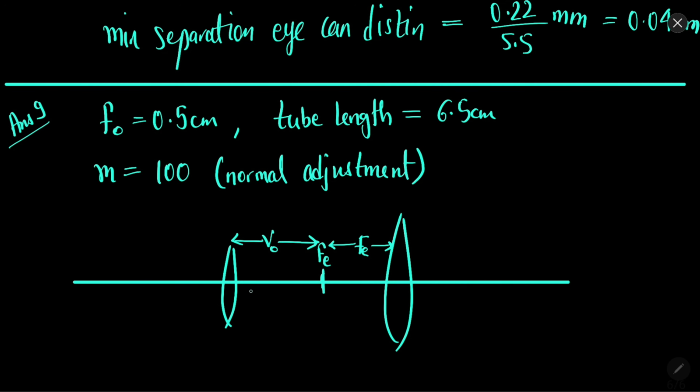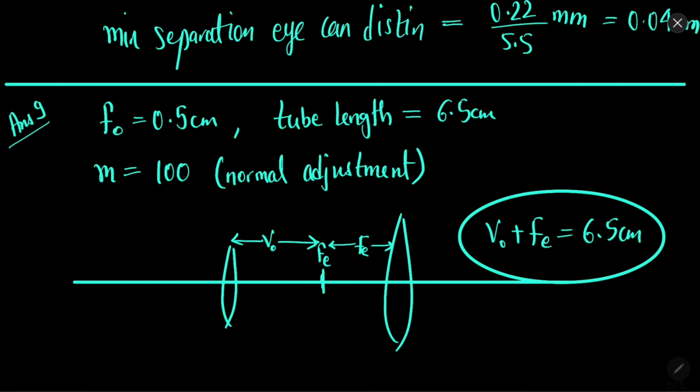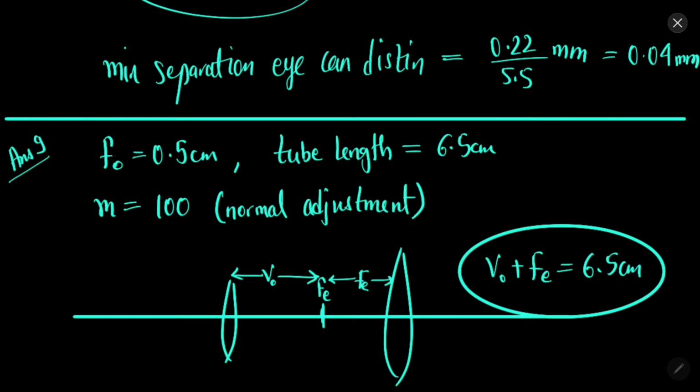This is the image distance for the objective lens, VO. Ultimately, after all the simplification, image will be obtained at infinity for normal adjustment. So it is clear from here that VO plus Fe, it is given that the distance between the lenses is 6.5 cm, so VO plus Fe will be 6.5 cm.